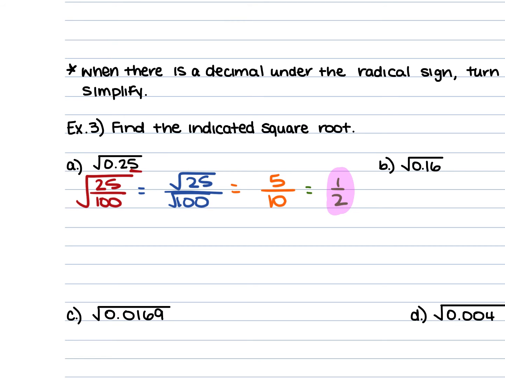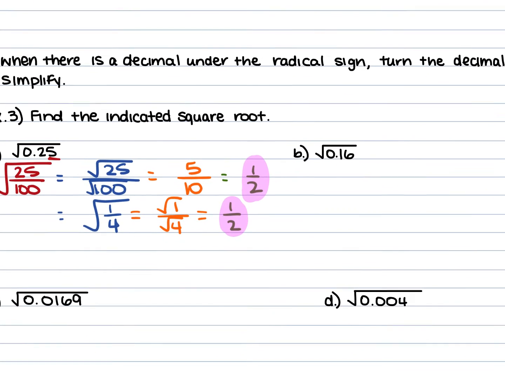If you wanted to start from the very beginning by simplifying that 25 over 100, you would have the square root of 1 over 4, which is the same thing as the square root of 1 over the square root of 4. The square root of 1 is 1, the square root of 4 is 2, so again, you're still getting that 1/2.